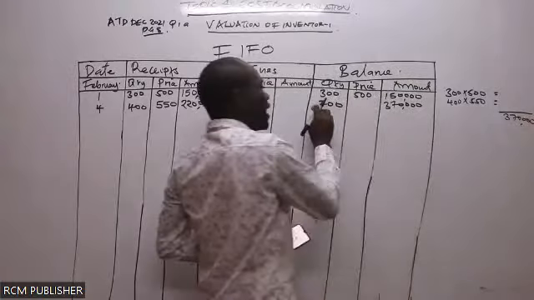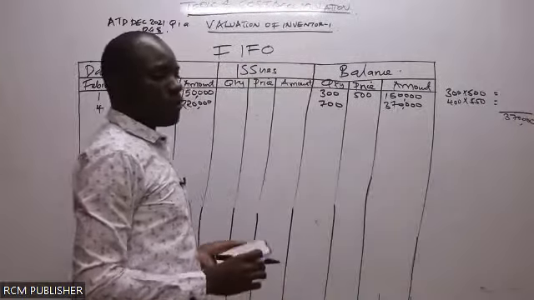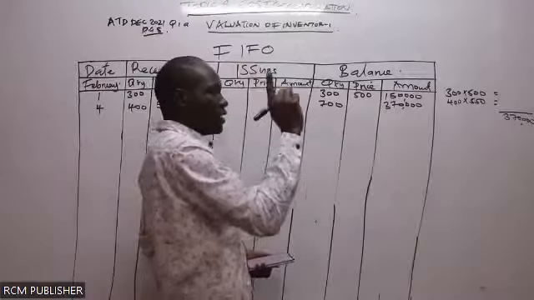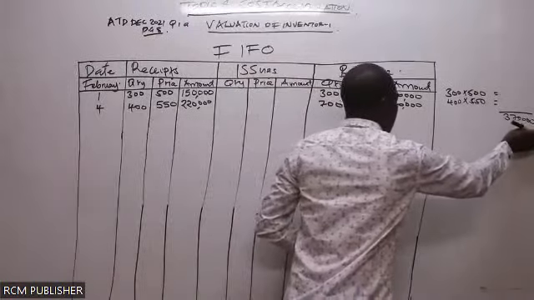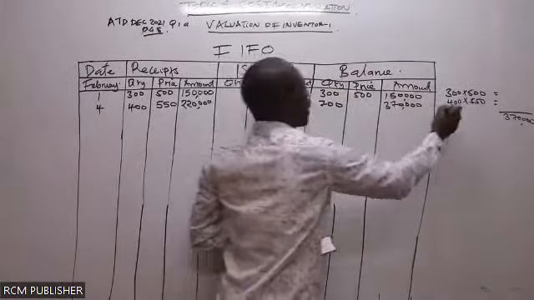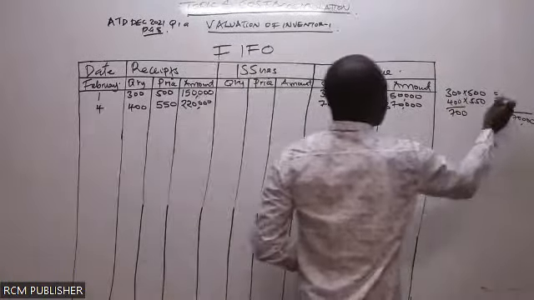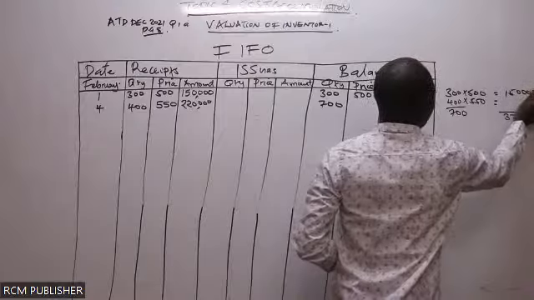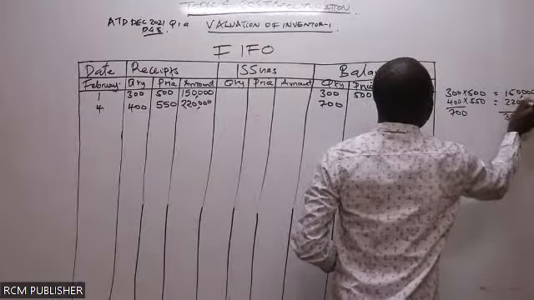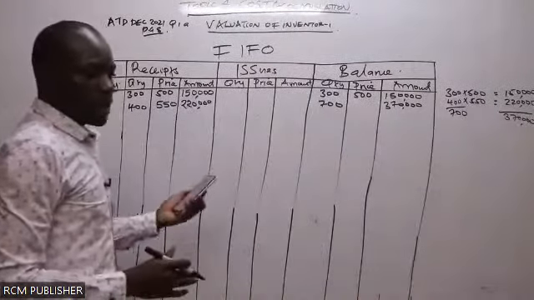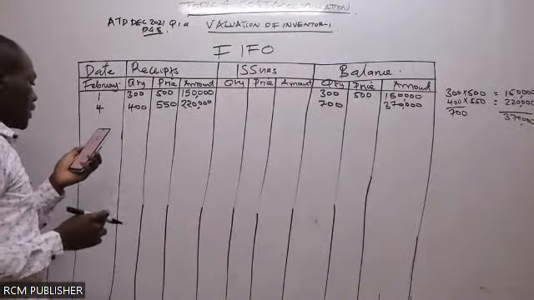So if this was the last date of preparing this stock ledger, then it means the value of my inventory could have been 370,000, and in terms of units, I could have been having 700. That is what is here. So this one here is 150,000, and this one here is 220,000, giving me that.